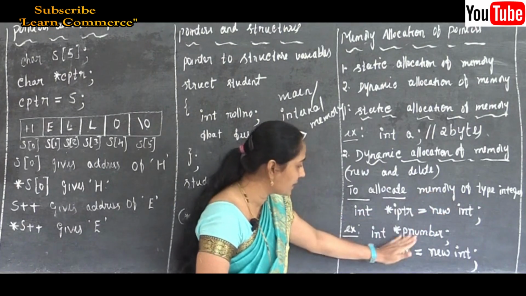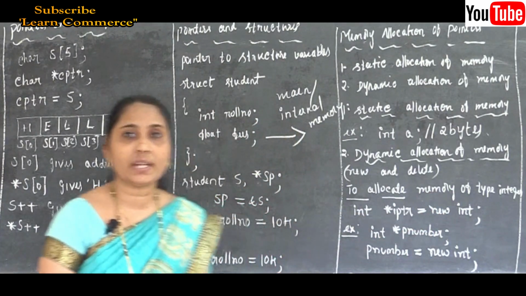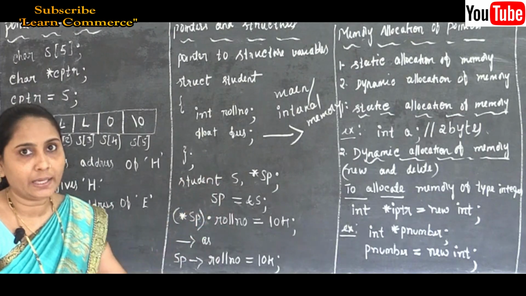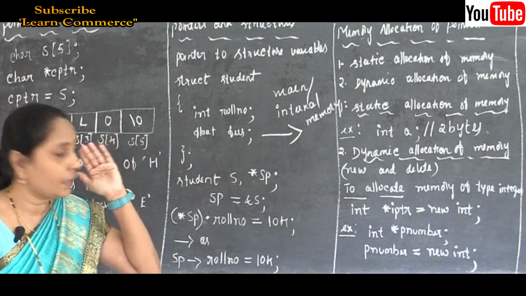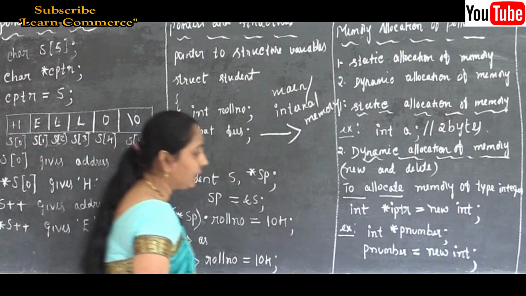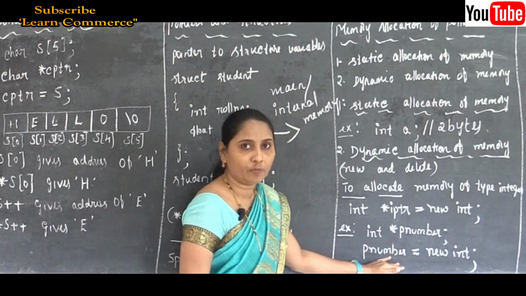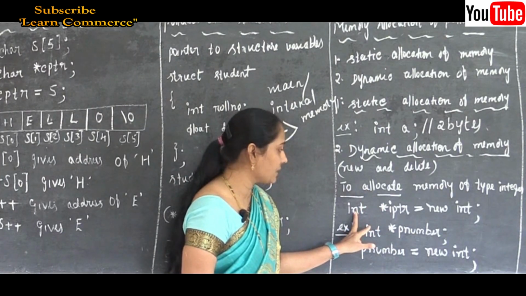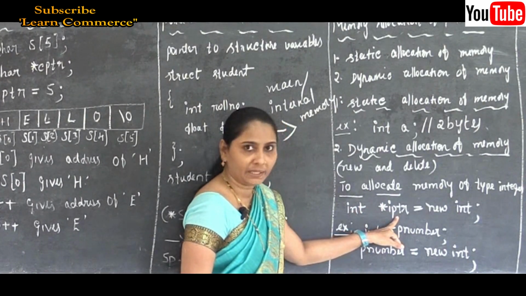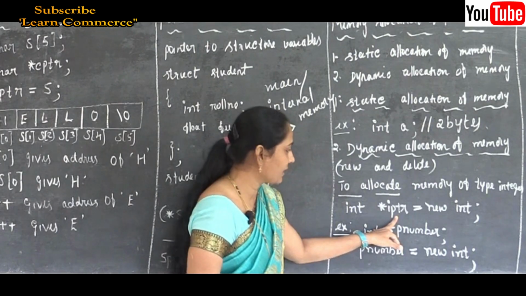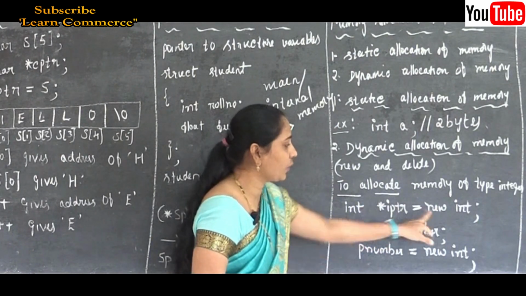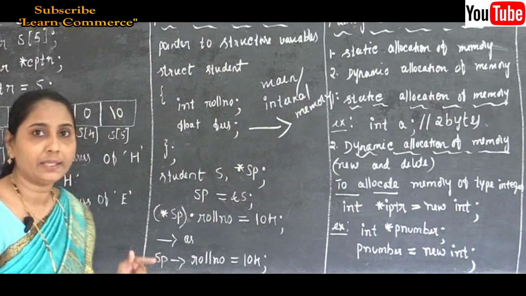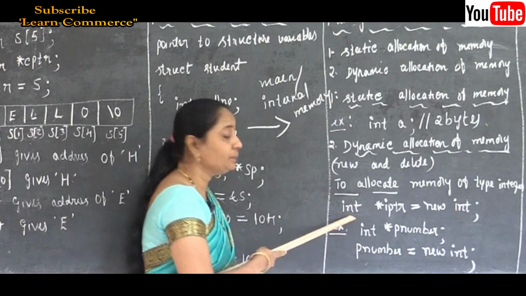Why? Because here I completed two examples. In the first example, I completed everything in one line only, but in the second example I completed the same information line by line. So in the first, otherwise you can write int *iptr; and next iptr = new int; otherwise in one line only we write it. Why are we using such a line?